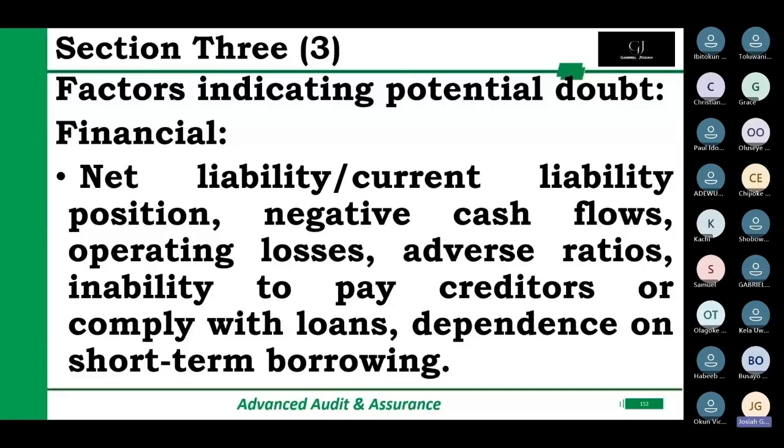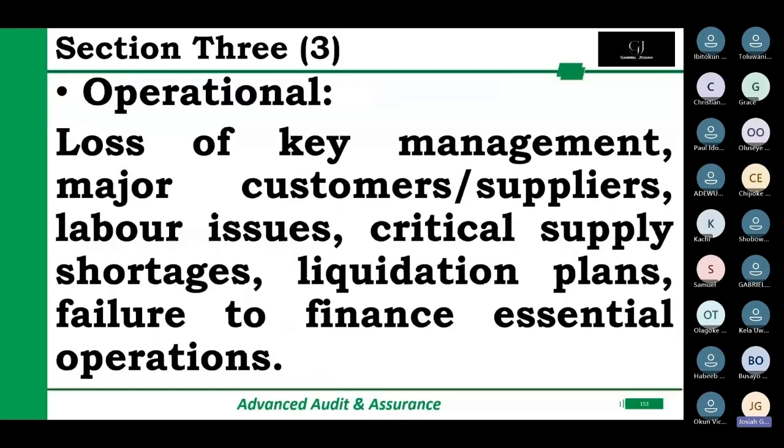Could also have operational issues around loss of key management staff. For example, the MD or the CFO resigned and there's no plan to replace such key positions. There are operational issues that could halt the going concern of a company.